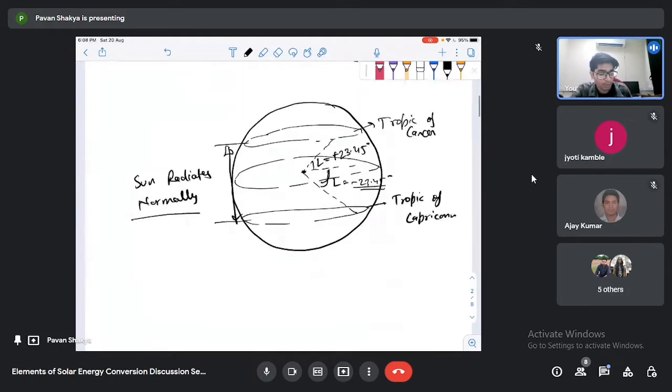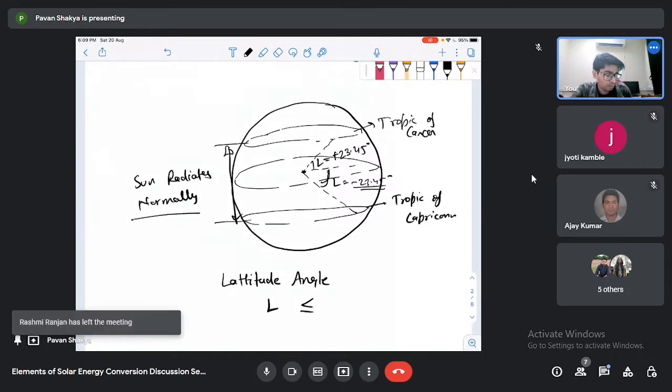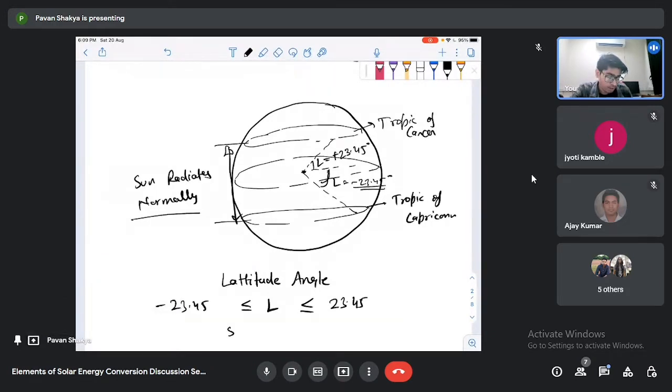So from this figure we can say that for latitude angle L from 23.45 to minus 23.45, sun radiates normally.